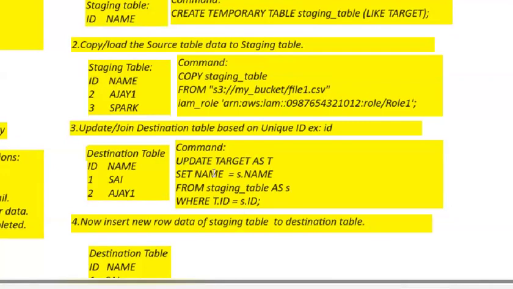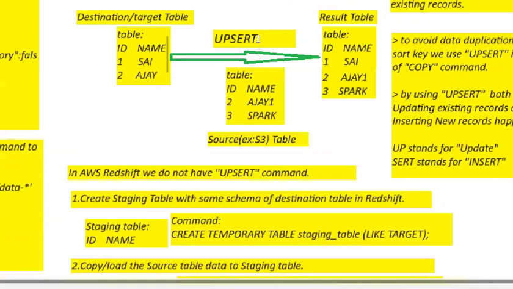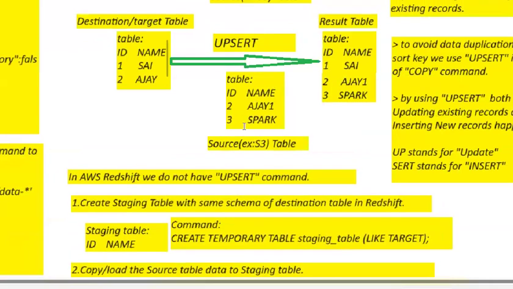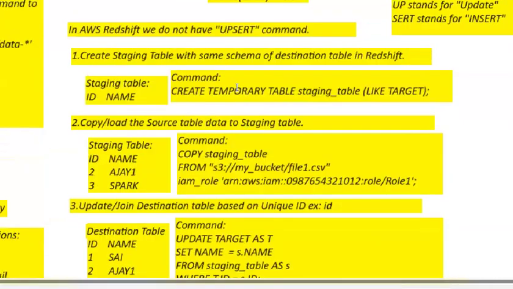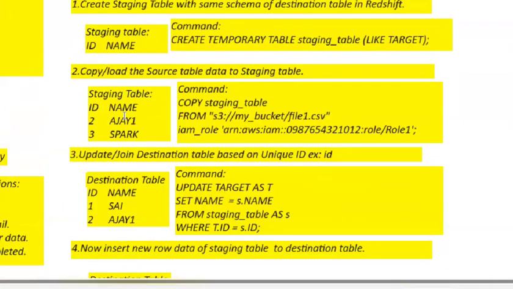We are setting the name as S.name. Here, what name do we need to set? We need to set our source table name, that is nothing but our staging table name. What is our staging table here?